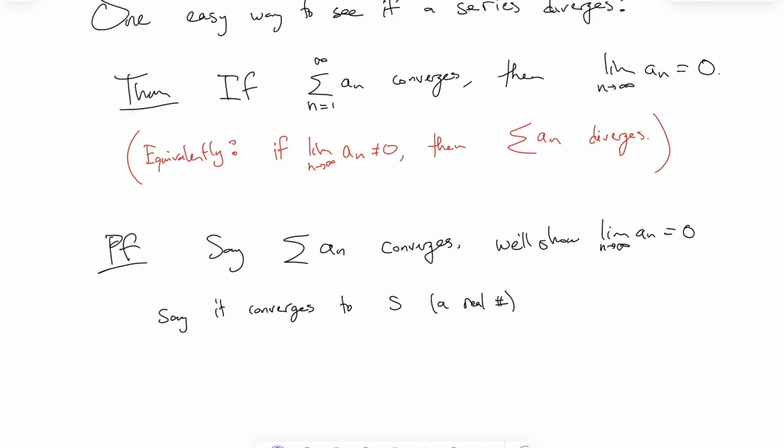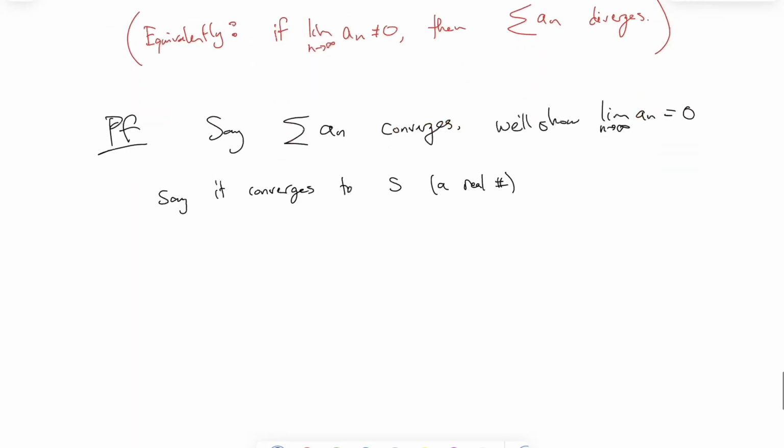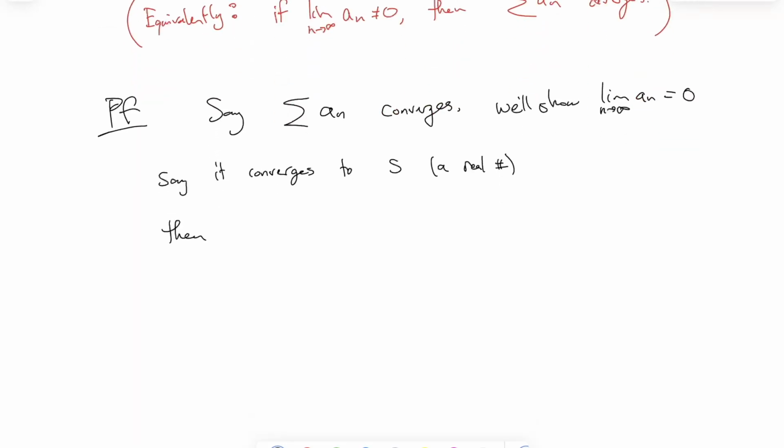So whatever that number is, I call it S. Then S is the limit of the partial sums, because that's what it means for a series to converge. And also, here's the cute trick. Remember, Sn is a1 plus a2 up to an, right?